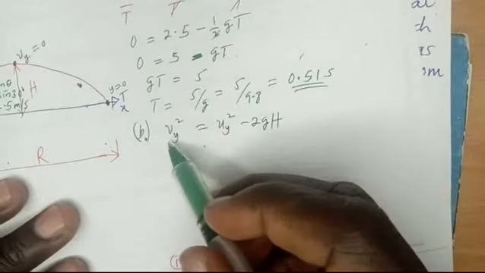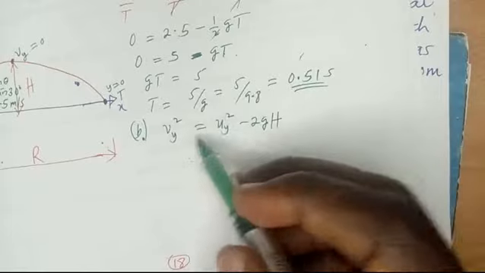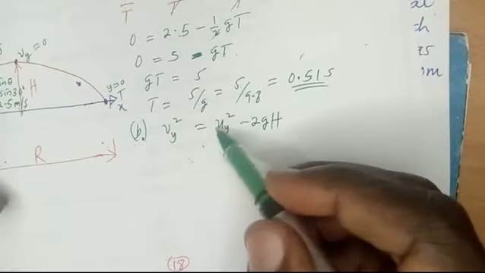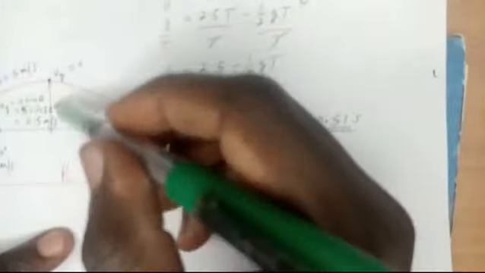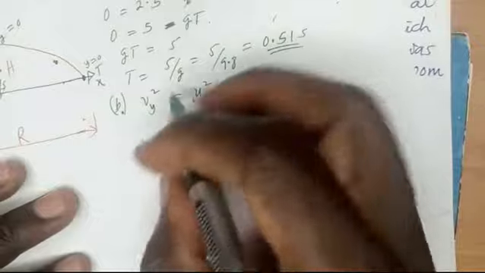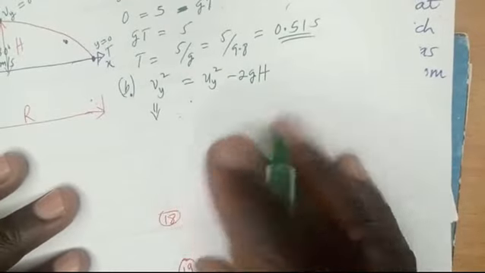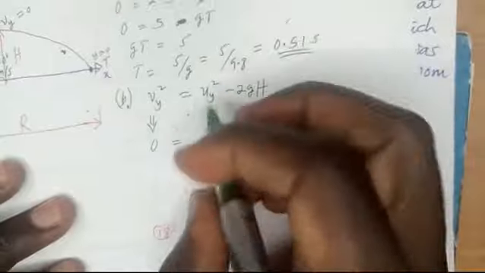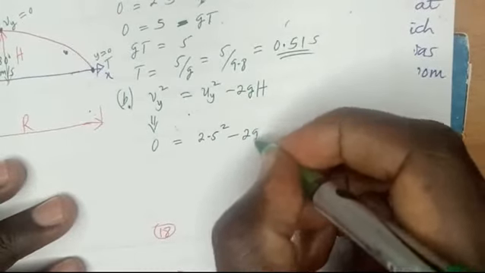We use the vertical velocity, both final and initial, because it is due to this vertical velocity that it is able to cover the vertical height here, which we call maximum height. So at maximum height, the velocity there, taken as the final velocity, is 0. So 0 equals 2.5 squared minus 2gh.